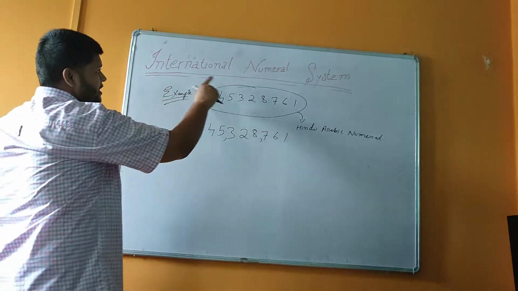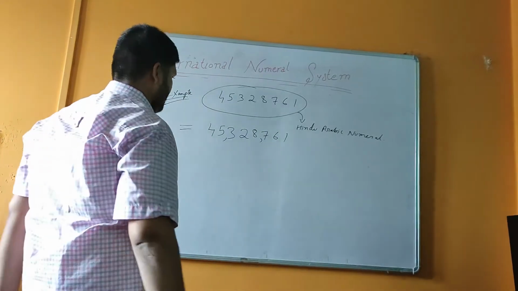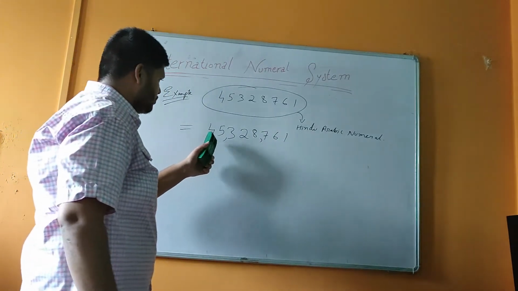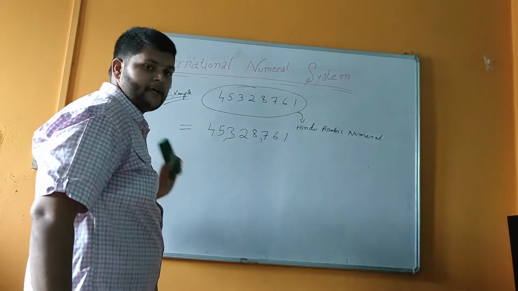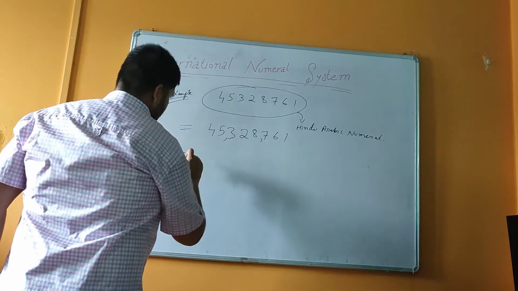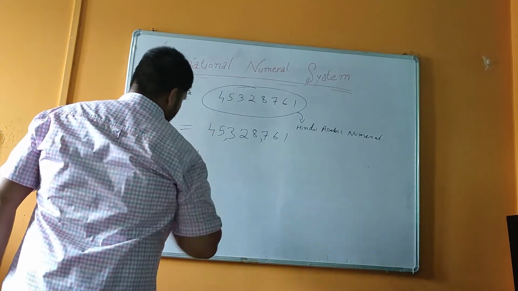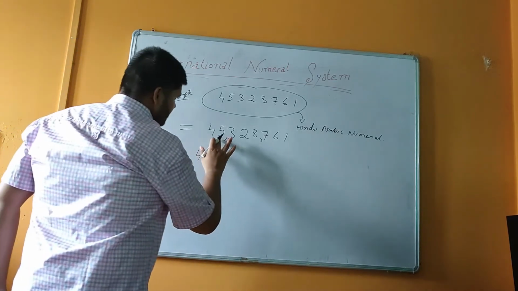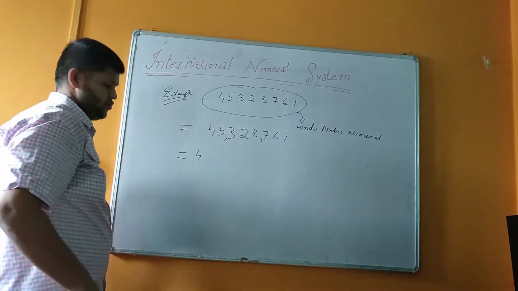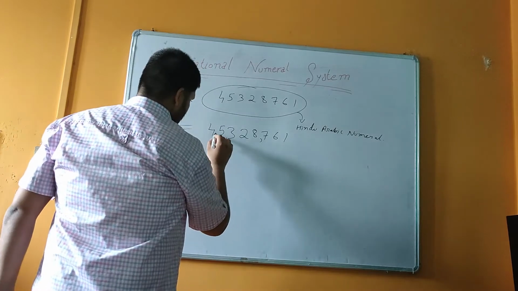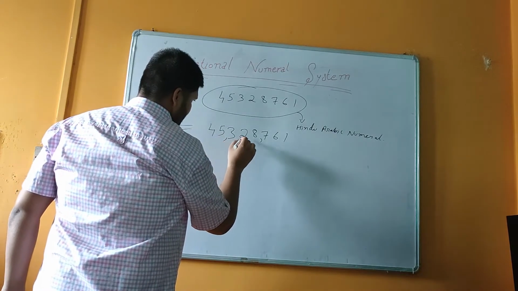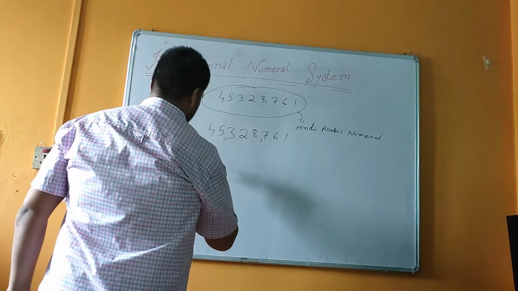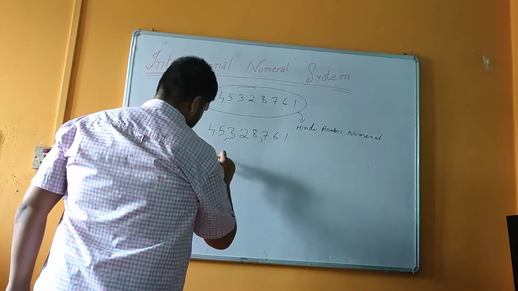That means it has become the international numeral system. Now the job is to express this number in terms of words. So simply you take the first digit, and then the rest of the digits will be replaced by zeros. How many digits are there after 4? 1, 2, 3, 4, 5, 6, 7. So 7 zeros.